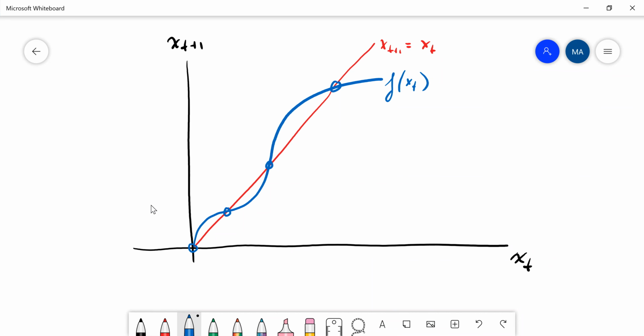Depending on what the economic meaning of this variable is, you may have different stories, right? So here I understand that this is stable, and this is stable, but these are unstable, right?